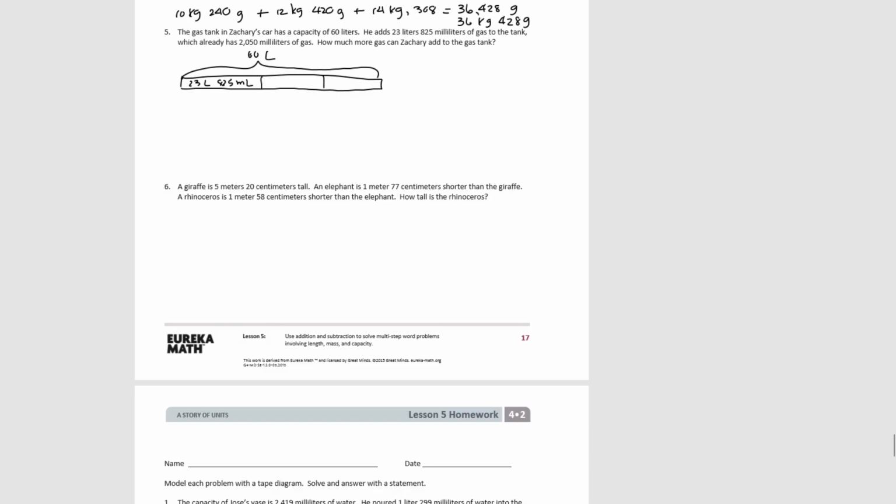It already had 2,050 milliliters in it. So how much more can he add to the tank? So to do this, we need to find out what's already in the tank, which is these first two amounts. So let's write them both in milliliters and add them together.